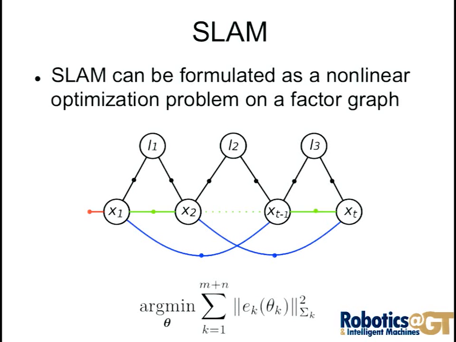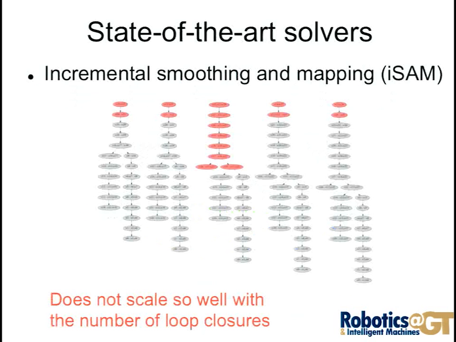Now, among the state-of-the-art solvers, one that we developed in our own lab is iSAM, which is incremental smoothing and mapping. It allows us to reason about the posterior probability over the map in an incremental fashion. But it does not scale as well as we would want with the number of loop closures.